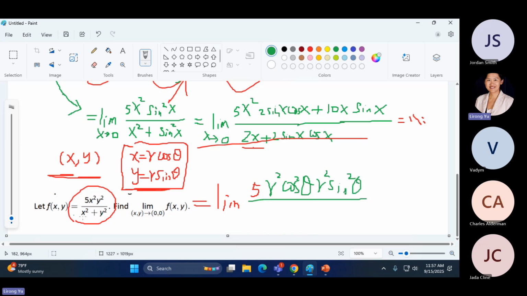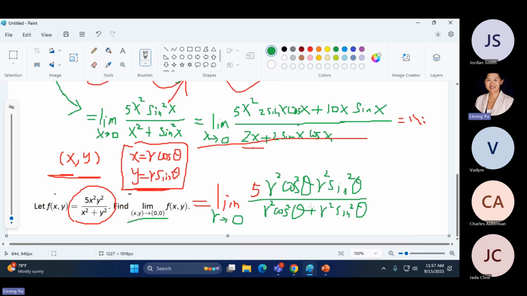And the denominator is x squared plus y squared, which will be r squared cosine squared theta plus r squared sine squared theta. We will make r go to 0, and that's the only thing you have to do, since the distance between point xy and point 0 is getting smaller and smaller if xy is approaching 0.